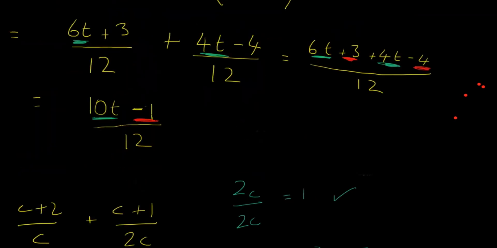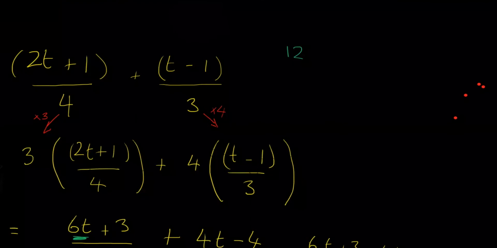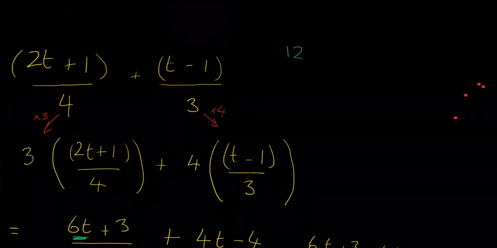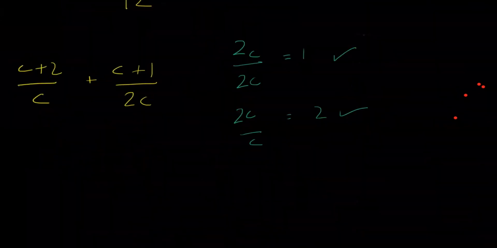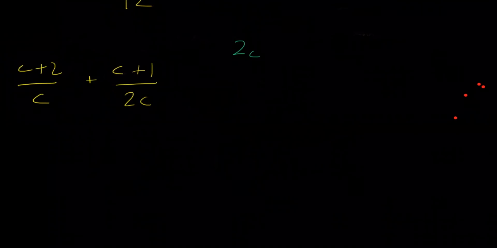And remember, the principles are the same. Here we said it was 12. 12 can be divided by 4, and it can be divided by 3 equally, and it's the lowest number that we can use. And here, the rules of the game are exactly the same. It's actually 2c. 2c can be divided by c, but it can also be divided by 2c. Okay, so those are the rules.